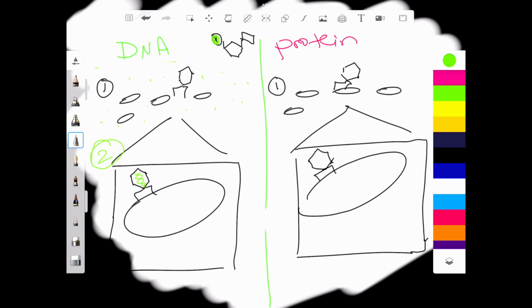So again, this virus attaches to the bacterial cell. The virus has radioactive DNA, and the question is, is it injecting this DNA into the host cell to transfer instructions on making new viruses? Or on the other hand, is it proteins that are used as a hereditary material? Spoiler alert, it's not.